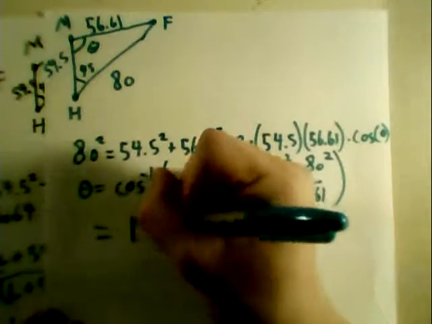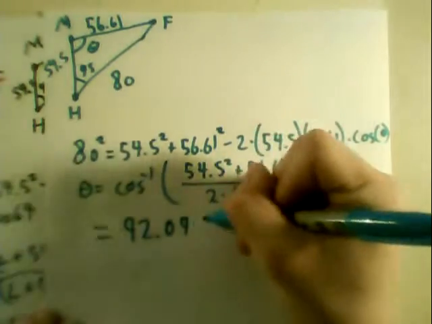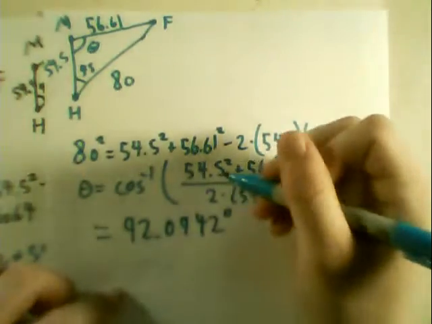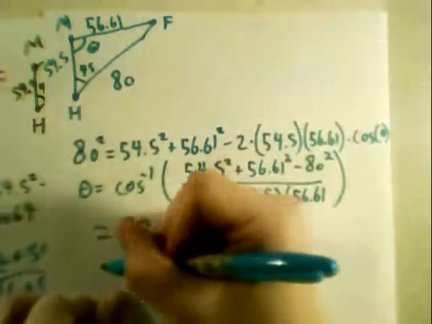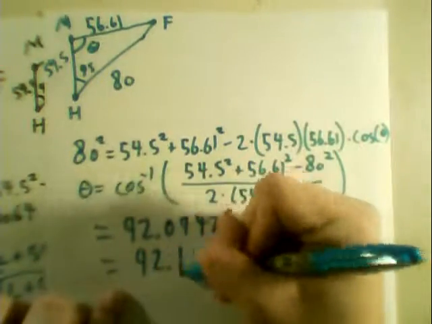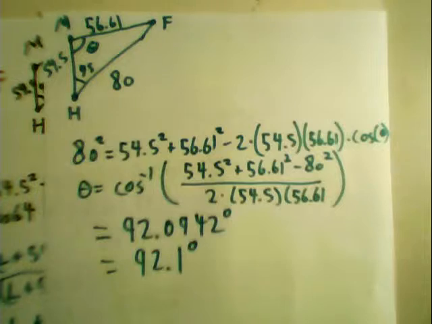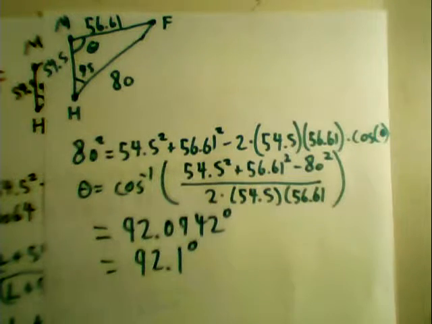That equals 92.0942 degrees. And round that to 1 decimal place. And there we go. That is how you solve problem number 34, which deals with the baseball diamond.